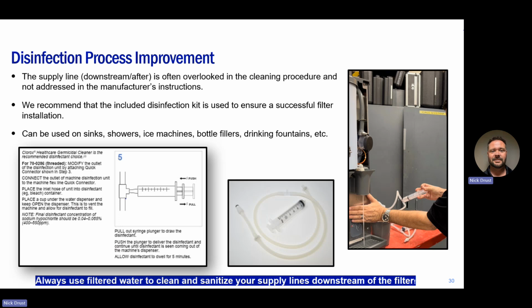One of the biggest blind spots in many maintenance procedures is the section of tubing or hose located downstream of the treatment device. These areas remain wet, are rarely inspected, and in many cases are not addressed within manufacturer cleaning instructions. Yet they're still part of the water pathway.